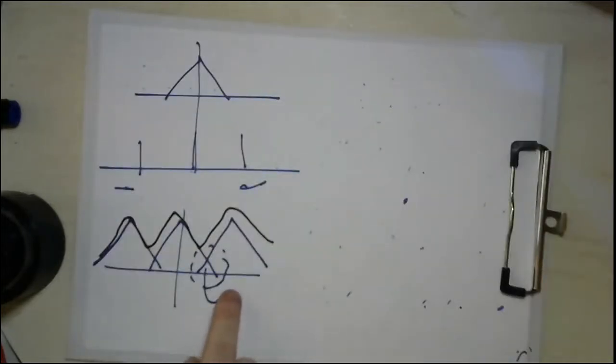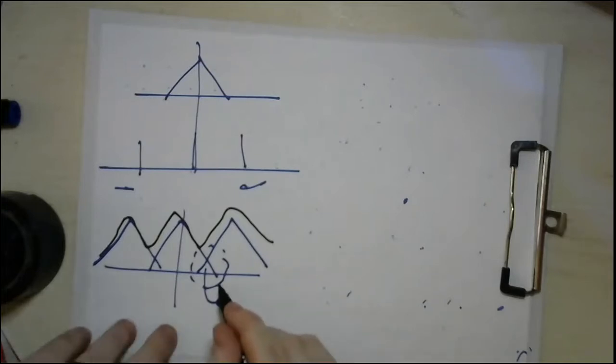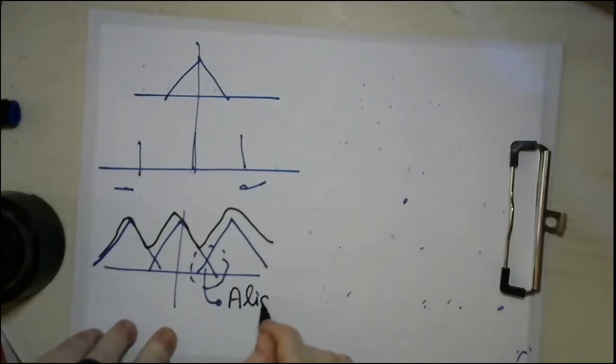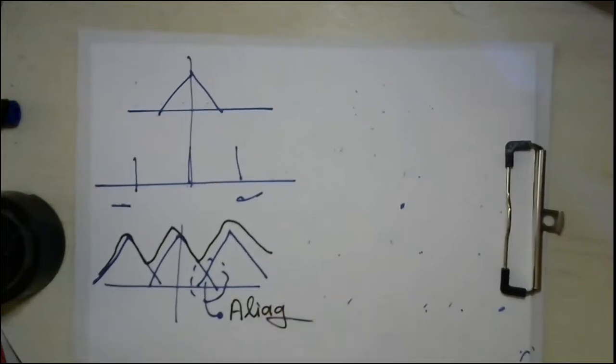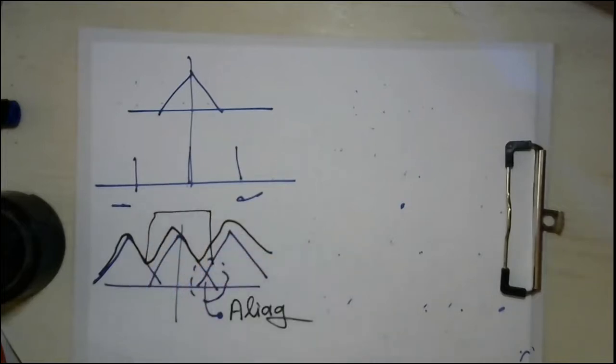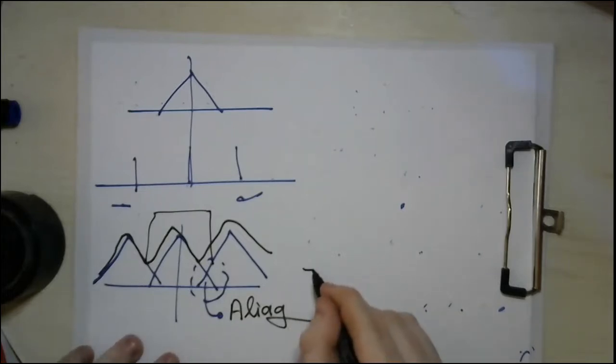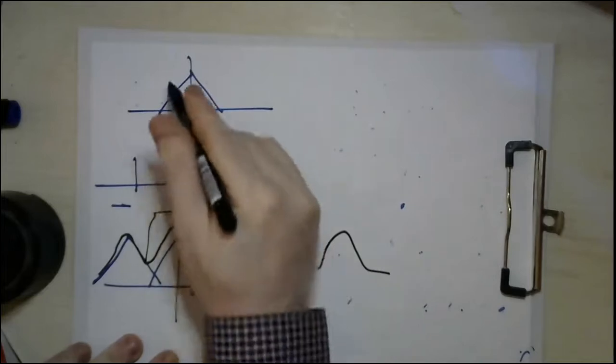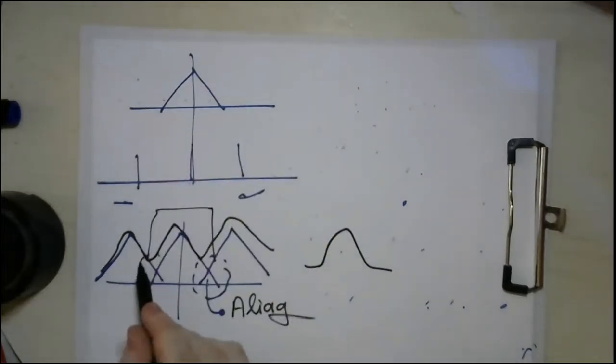But if overlapping starts to occur, or what we will technically call, a very important word, aliasing, then if you use a low pass filter, what you will get is something like that. It's not the original message, because now the original message is destroyed, as you can see.